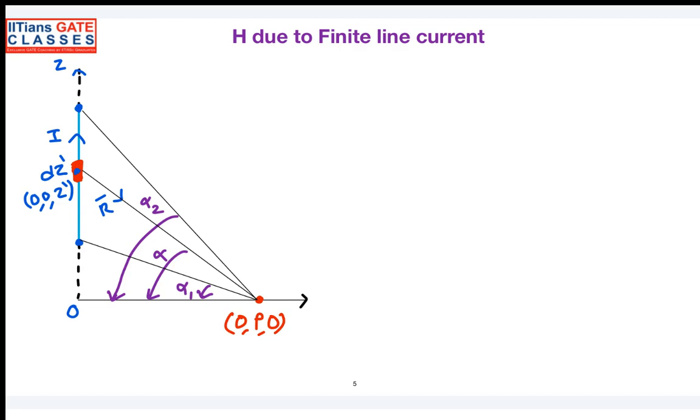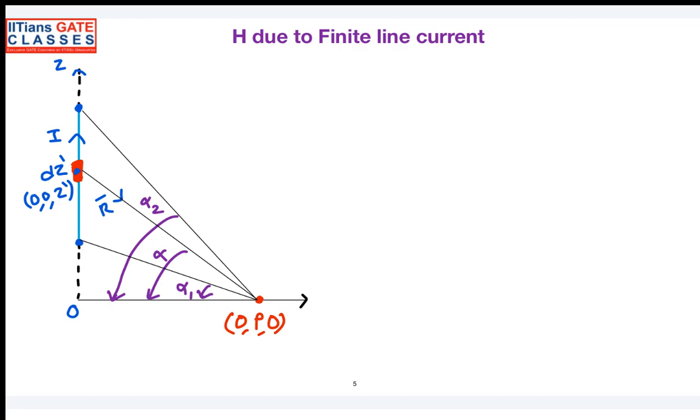The reason is that Ampere's law is applicable for symmetrical surfaces and there should not be any discontinuity in the current. When you take an infinite line, you can assume the current is infinitely flowing from one end to the other, so there is no discontinuity at any point. In those cases only Ampere's law will be applicable.